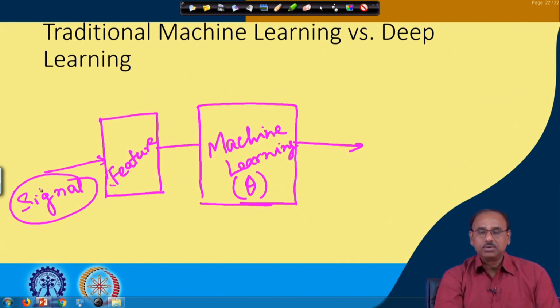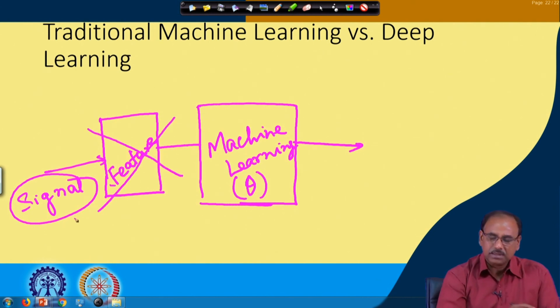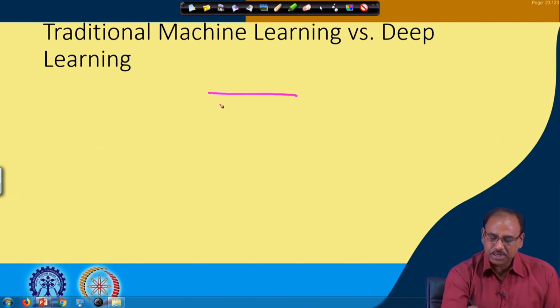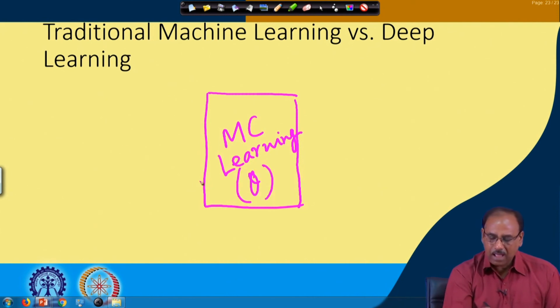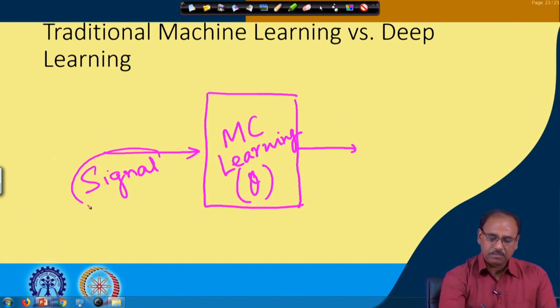But when we talk about today's deep learning algorithms, this feature extraction block is absent. So, what you have is this machine learning algorithm, again with some set of parameters theta, and the raw signal is fed directly to this machine, and the output of the machine is the decision that you take from this signal.